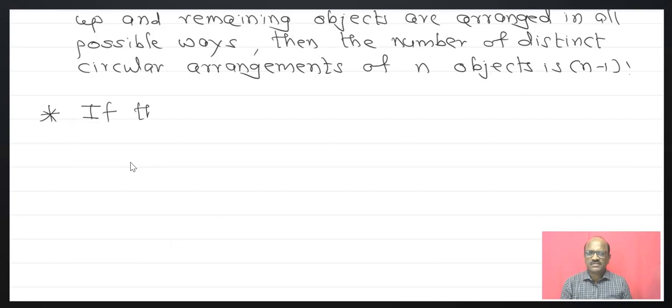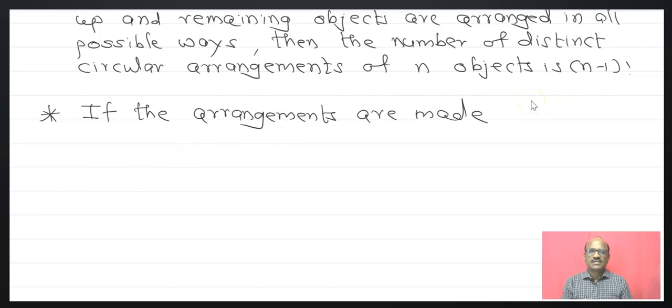One is fixed, then the arrangement of the remaining is n minus 1 factorial. This is an important formula. We use this formula in a number of examples, in all examples.